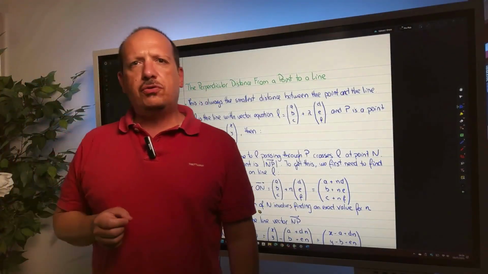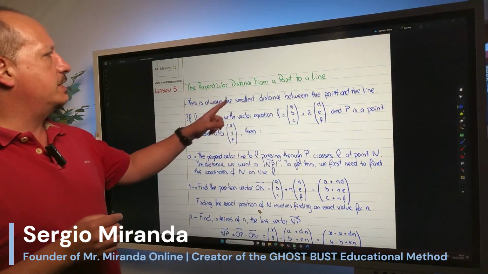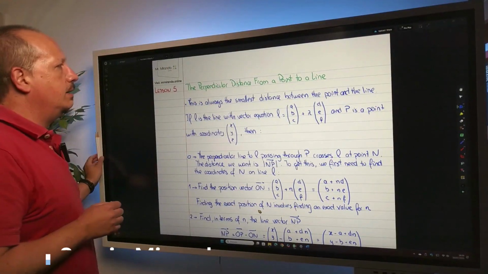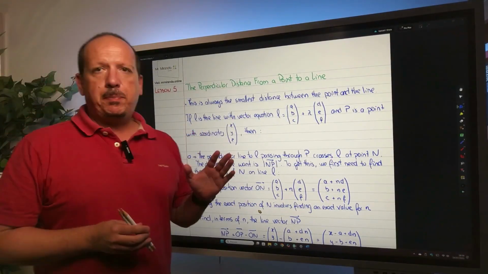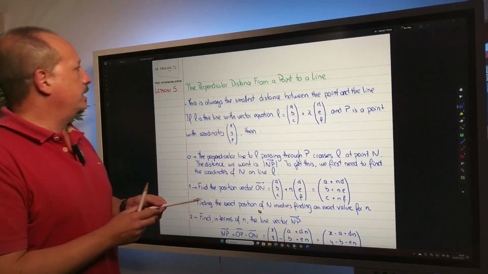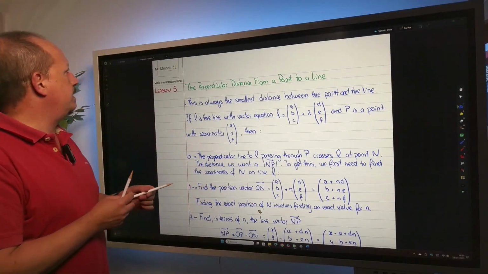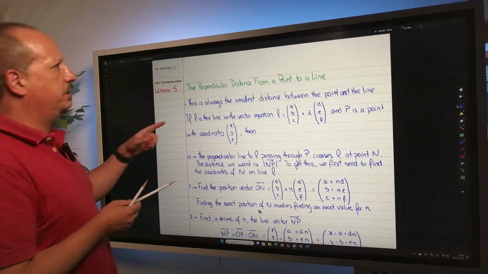The last thing you need to know about this chapter is how to calculate the perpendicular distance from a point to a line. Let's say that the point is any point over here, so let's pick one.